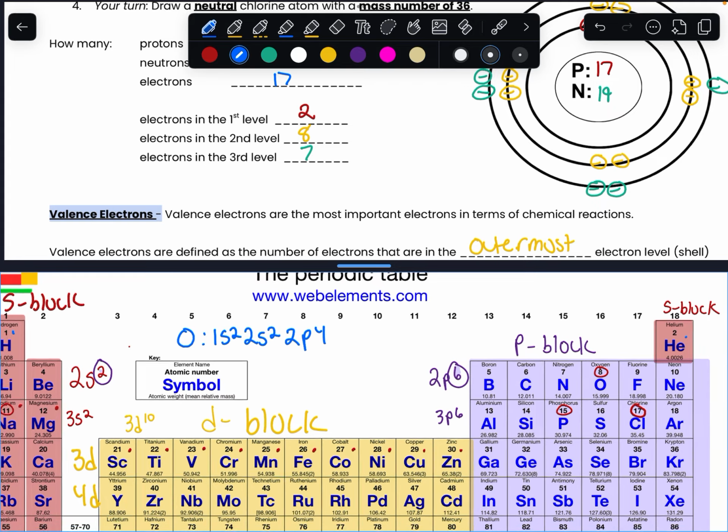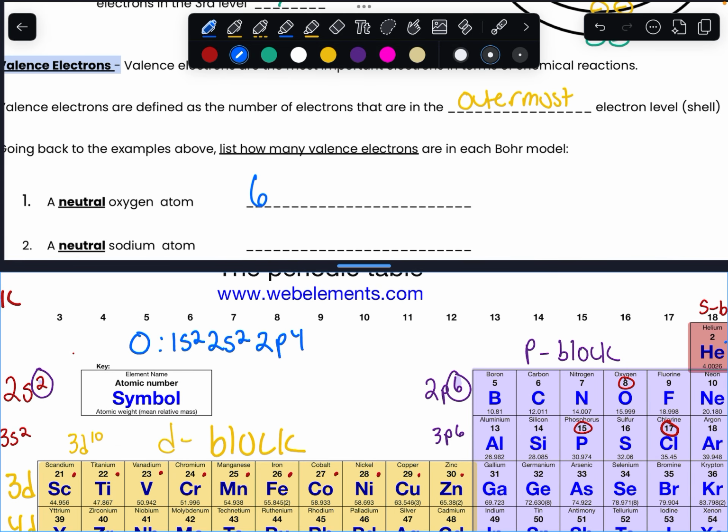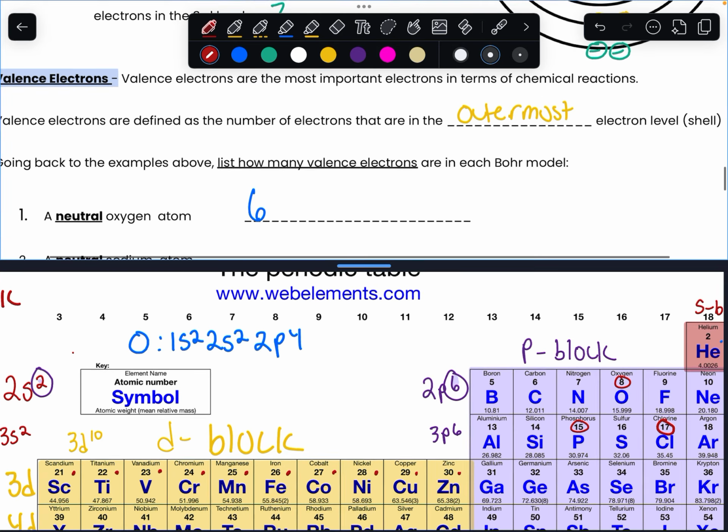The outermost electrons in this configuration are the ones that have the highest number in front of them as their coefficient. So that would be 6 total.